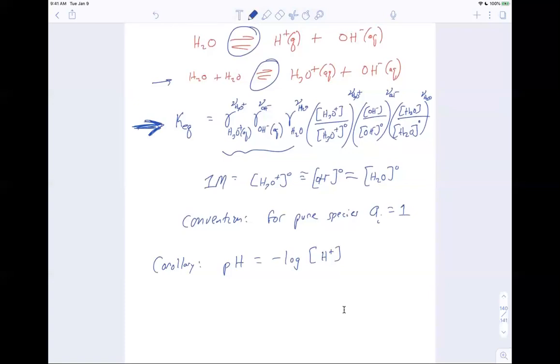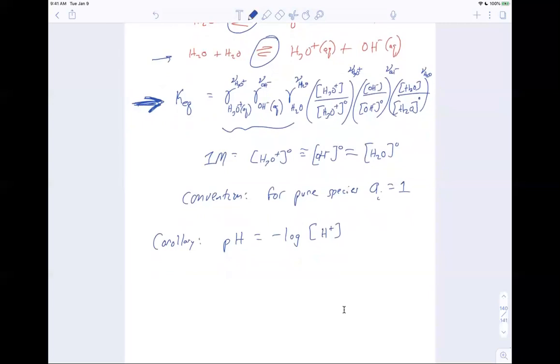You have to add an activity coefficient, and you have to add a reference state concentration. And when you do that, what you're really getting is an activity. So really, you need to have H plus divided by the reference state, times gamma of H plus.